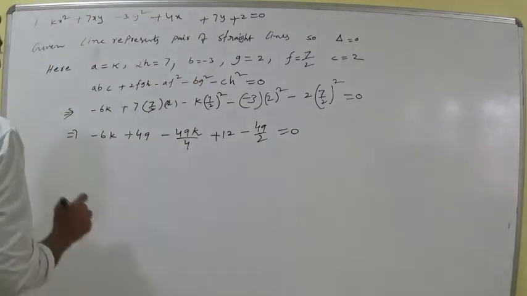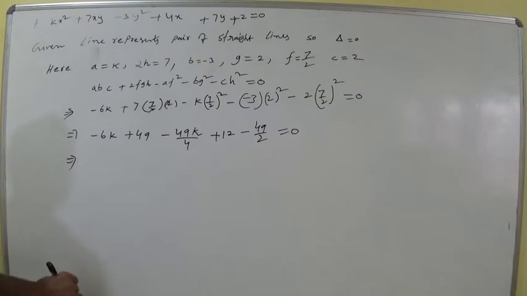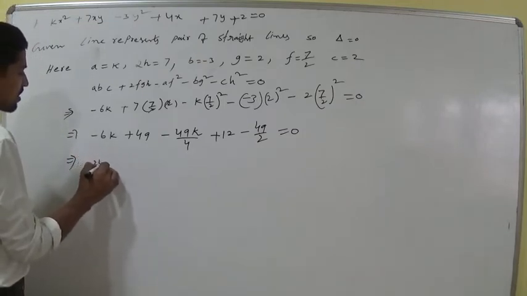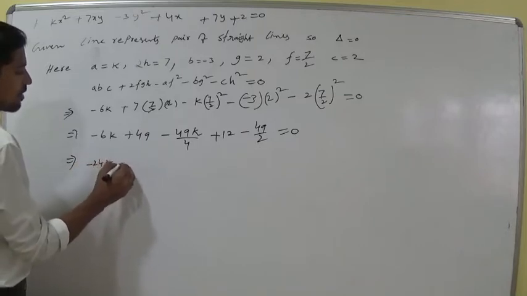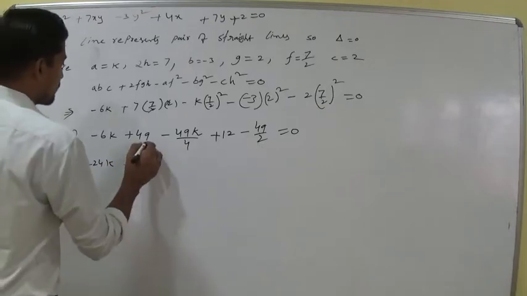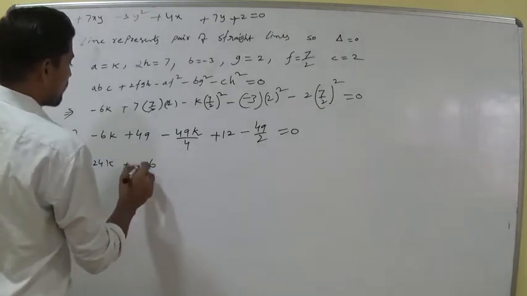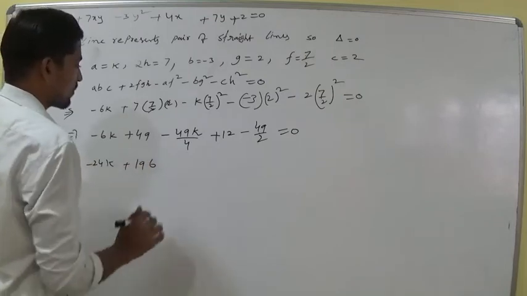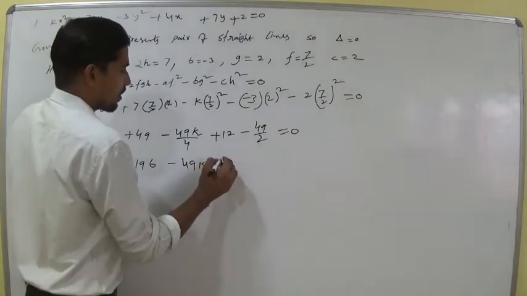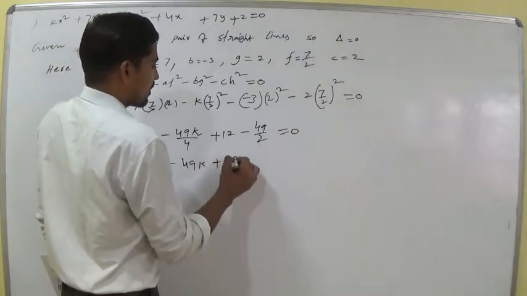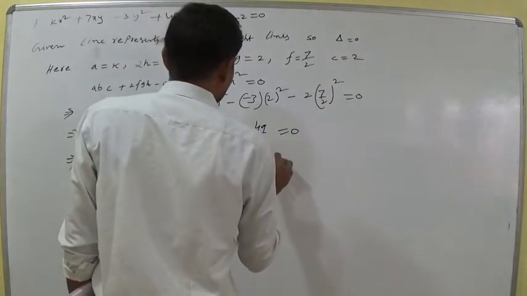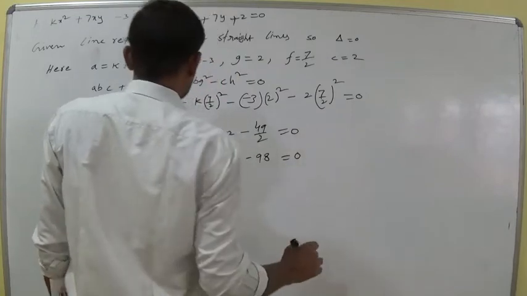So here 24 minus 24k plus 196 minus 49k plus 48 minus 98 equal to 0, right?